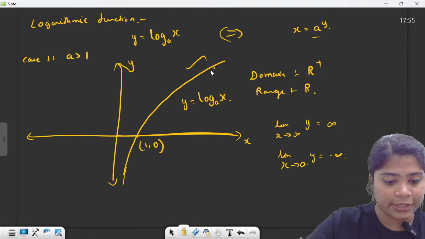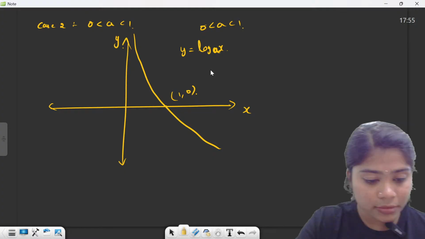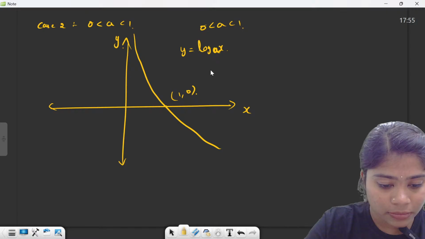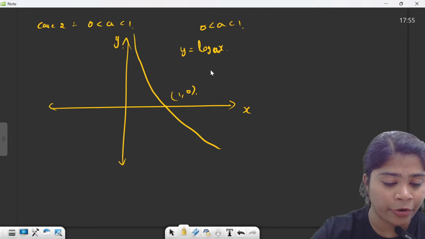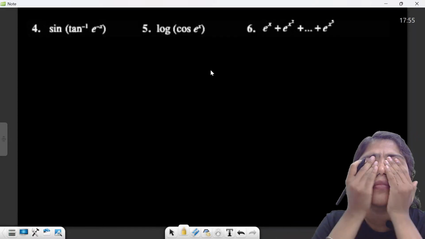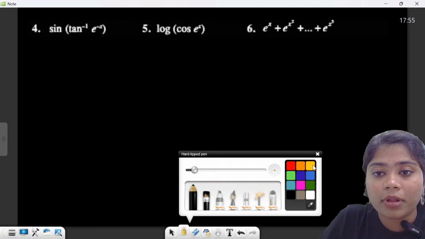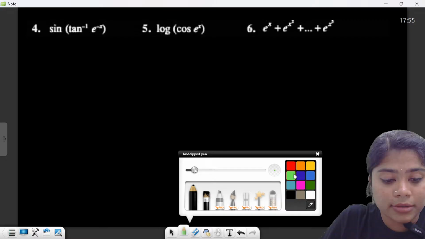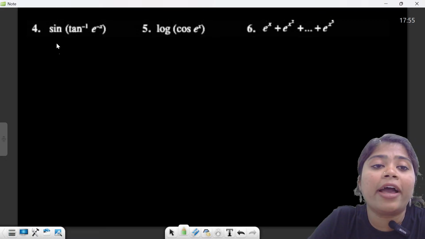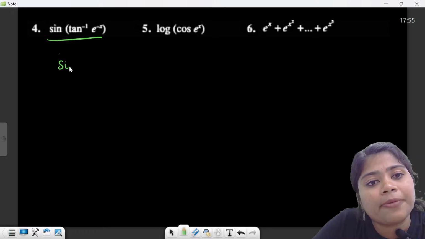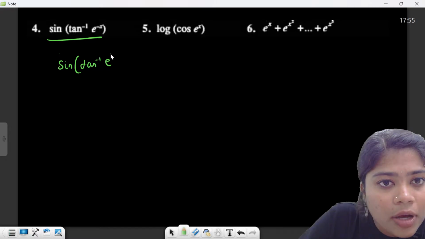So let's solve one question. I think there is some lag in the video. I need to check with the camera, right? Okay. So try to solve this. We have this function. So let me solve this. Sine, minus x.